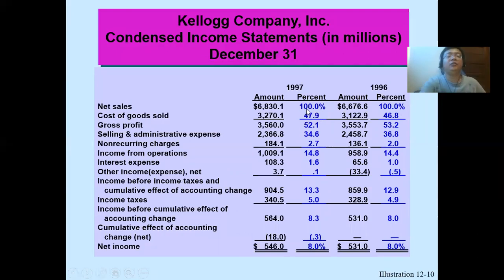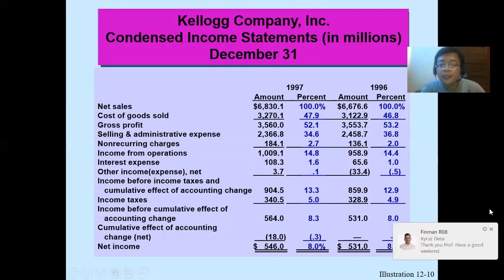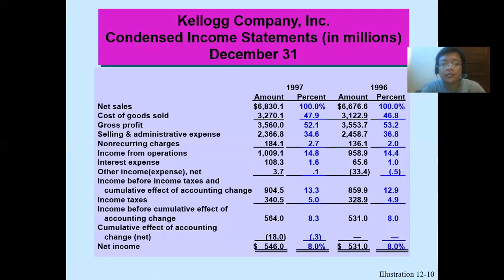So the base is always 100%. Selling admin expense 2366.8 divided by 6830.1, you have 34.6. 904.5 divided by 6830.1, you have 13.0. 564 divided by 6830.1, you have 8.3.